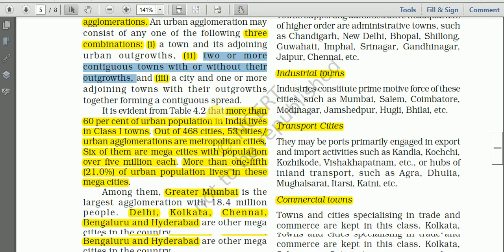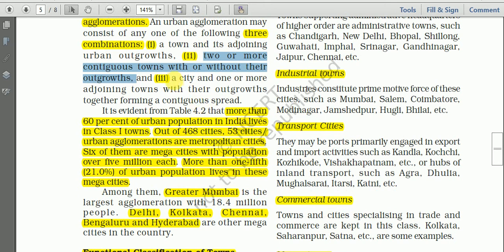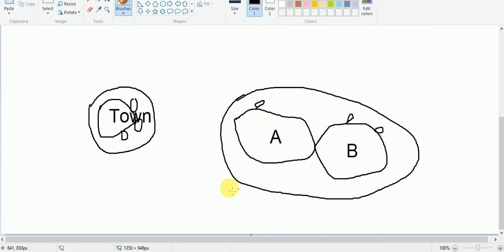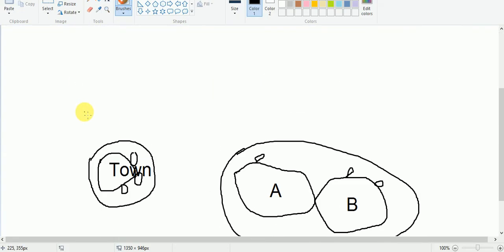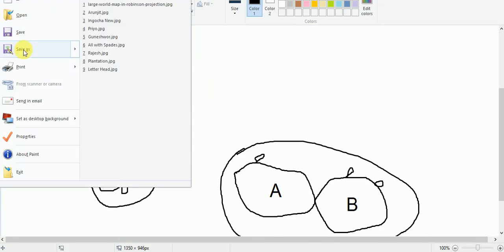Then the third one, a city and one or more adjoining towns with their outgrowths together forming a contiguous spread. A city and one or more adjoining towns with the outgrowths. Let me open a new one.